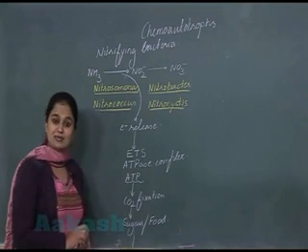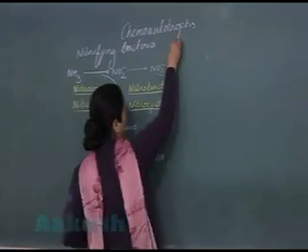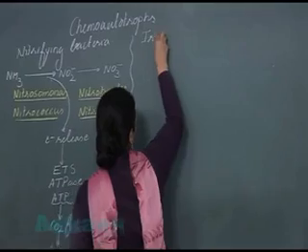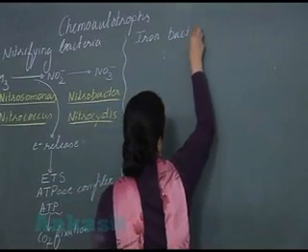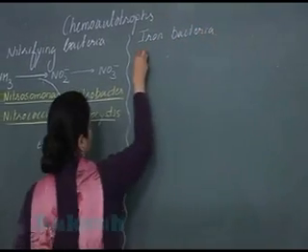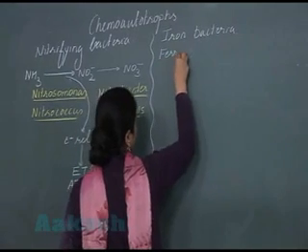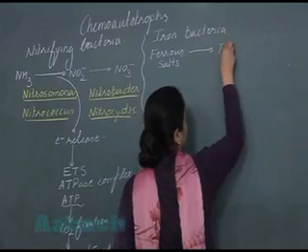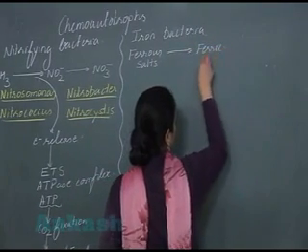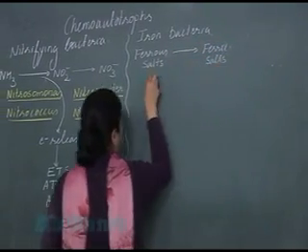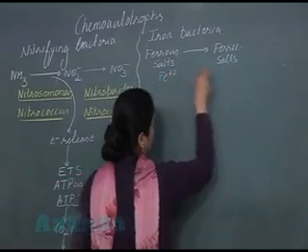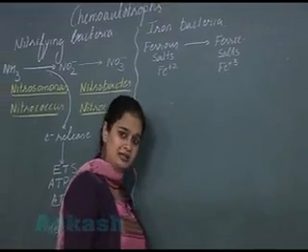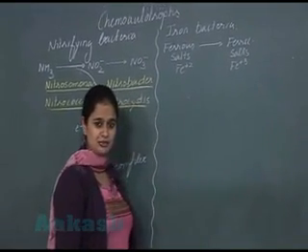Now, after the nitrifying bacteria, one more example I will cite here, that is iron bacteria. Iron bacteria convert ferrous salts into ferric salts. Right? Again, there is oxidation.